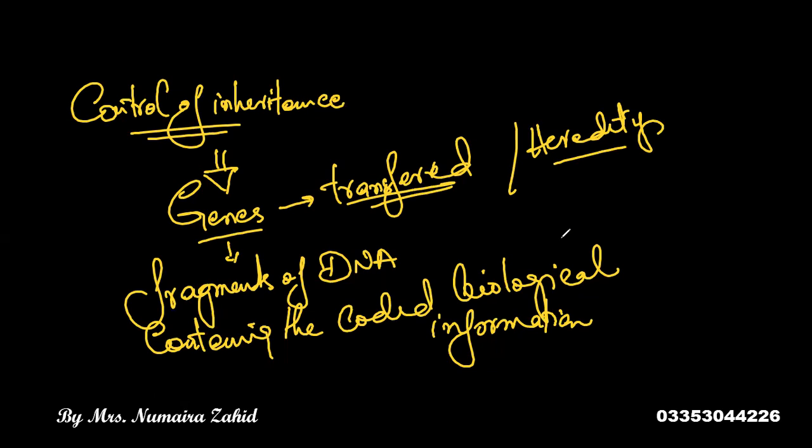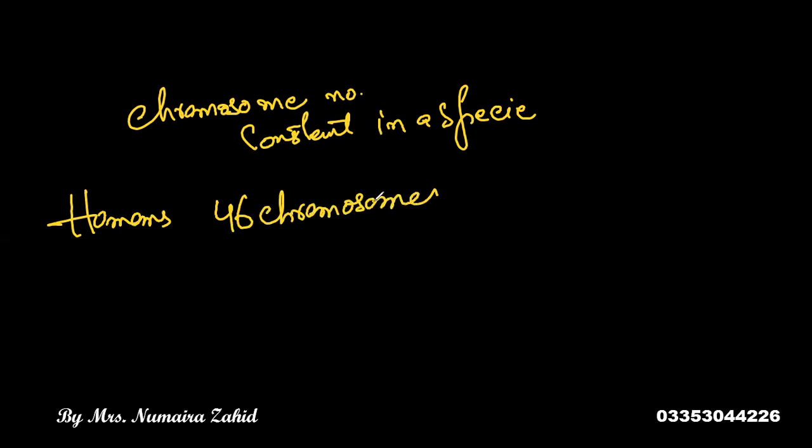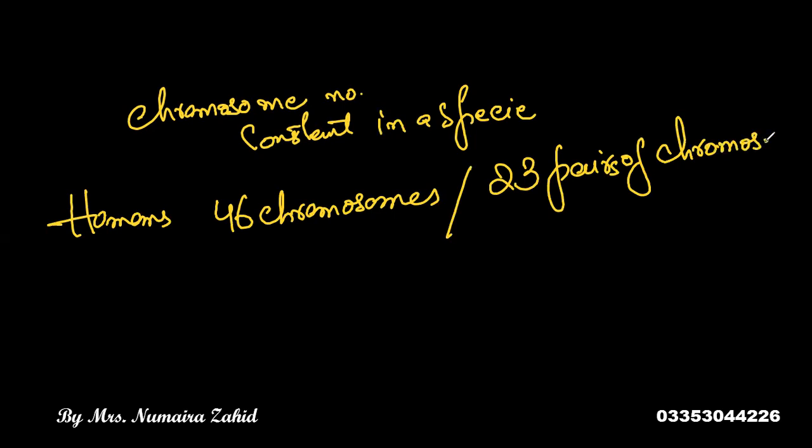So as we know, each kind of organism has a specific number of chromosomes. This specific number of chromosomes actually makes up a species. Chromosome number should remain constant in a species, right? When we talk about human beings, humans have 46 chromosomes in their cells, which means there are 23 pairs of chromosomes in our cells.